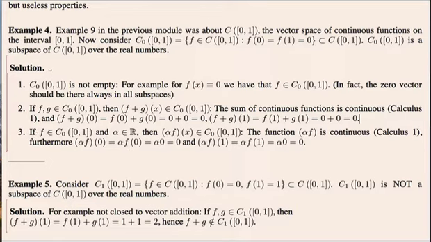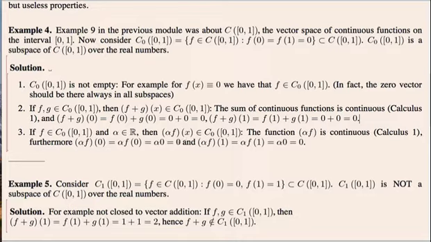Then the closeness to scalar multiplication: if f is in the C0 set and alpha is, for example, a real number, then alpha times f is also in C0. To show this, we know that, again, a constant multiple of a continuous function is continuous. And then if you want to evaluate this at 0, the way we evaluate alpha times f at 0 is that we evaluate f at 0 and multiply by alpha.